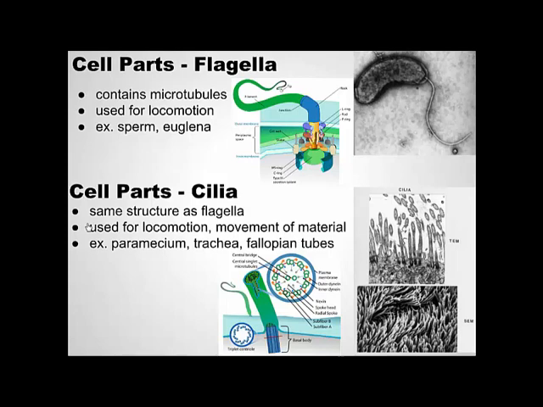Cilia are similar. They have basically the same structure as a flagellum, okay? But they're smaller. They're also made of these microtubules. They attach through the cell membrane, and they are used also for locomotion, for movement in some organisms, like in paramecium. But also, they are used in multicellular organisms. We have cilia on some of our cells.